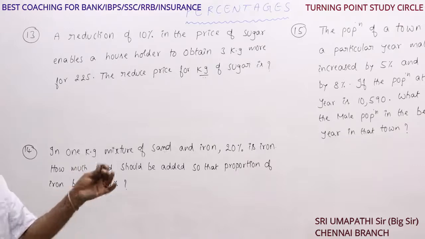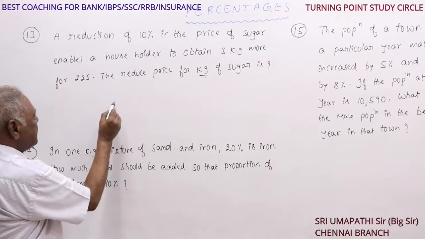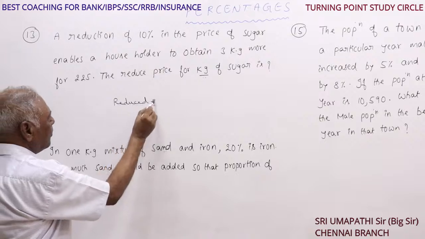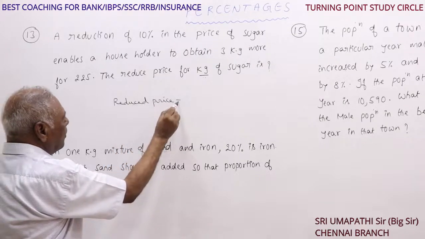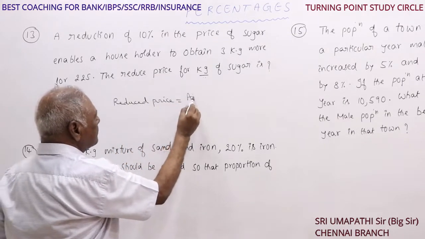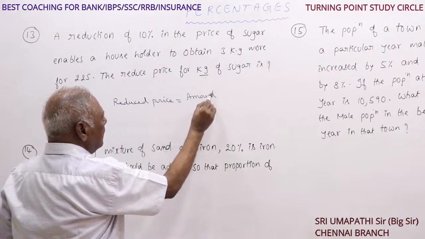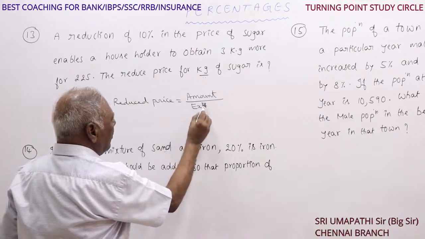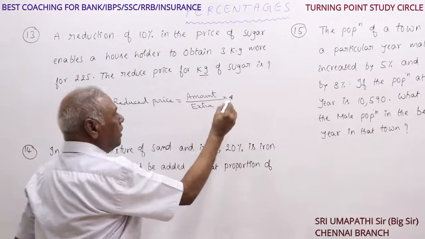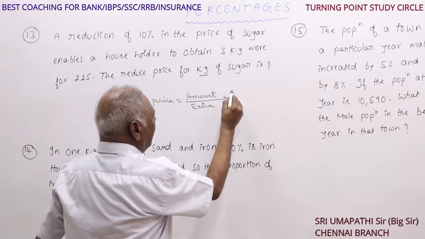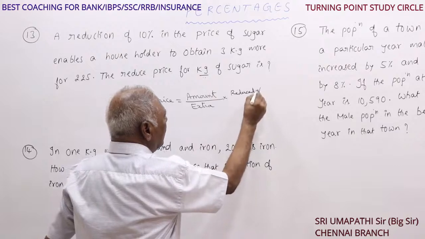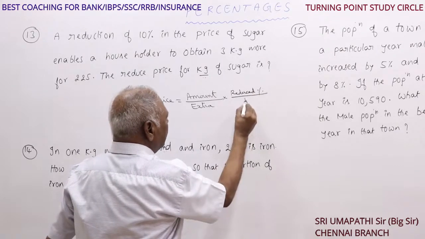So in a single step, the reduced price is given by amount divided by extra into reduced percentage divided by 100.